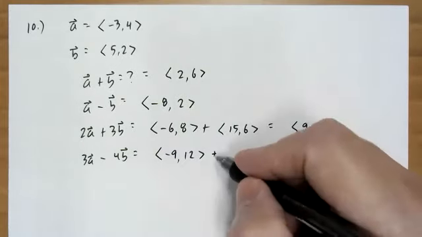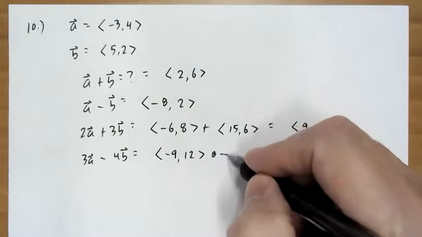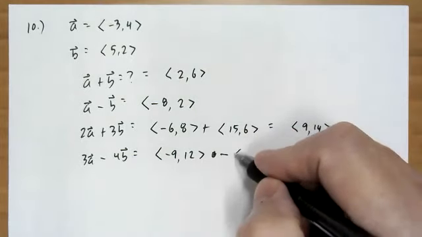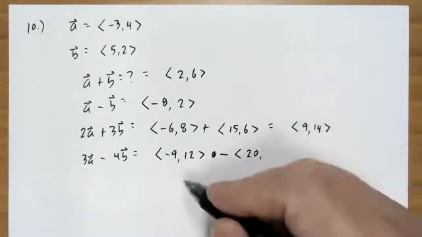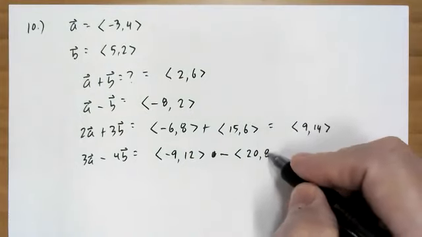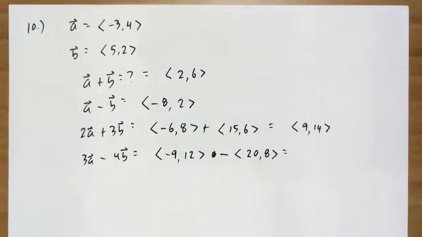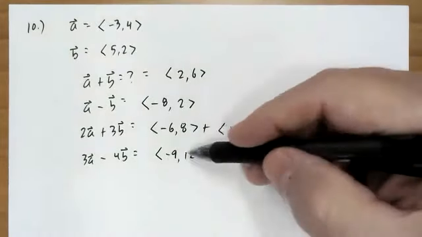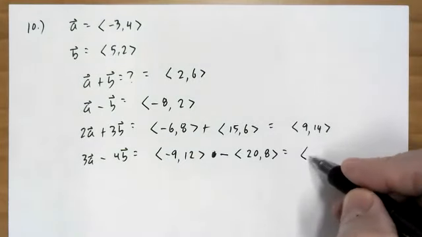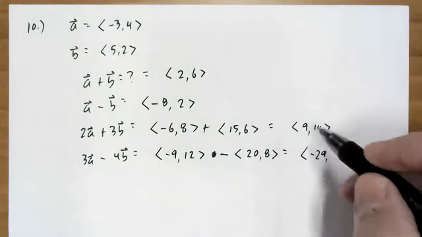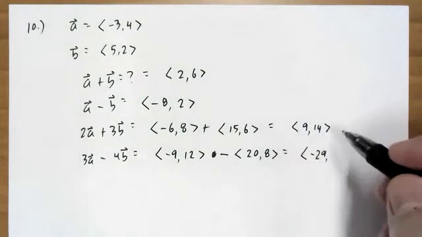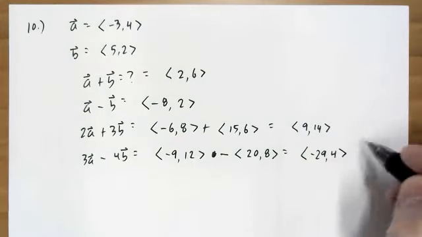And then I'm going to subtract 4 times vector B, which should be 20, and then 8. So -9 minus 20 is -29, and 12 minus 8 is 4.